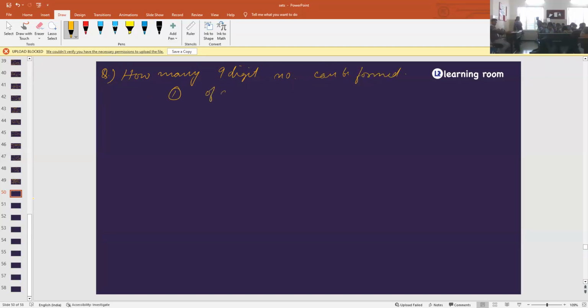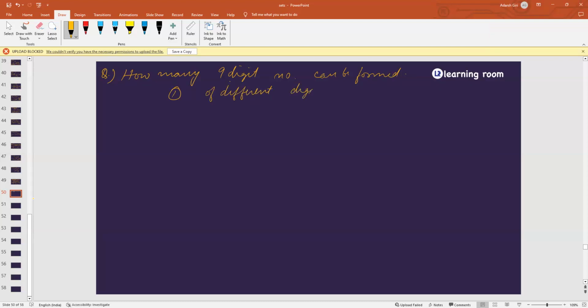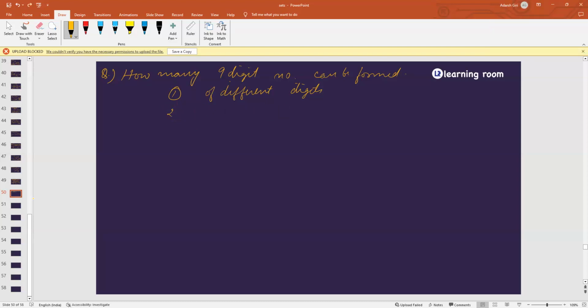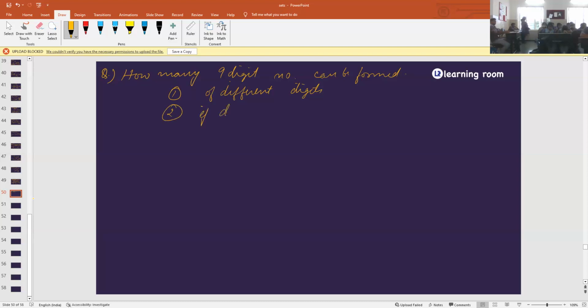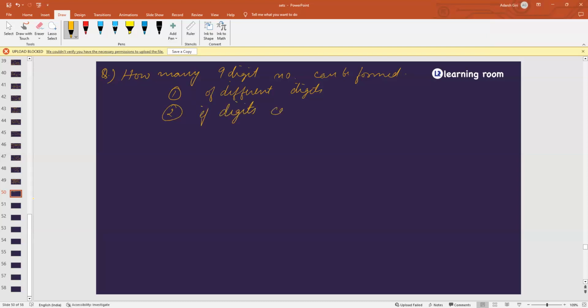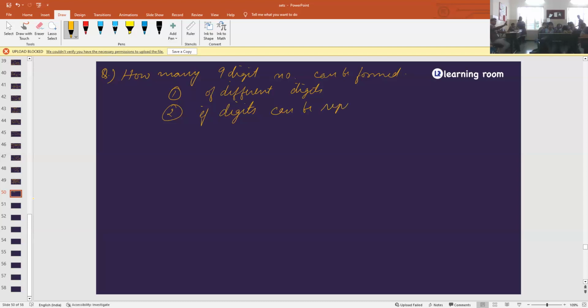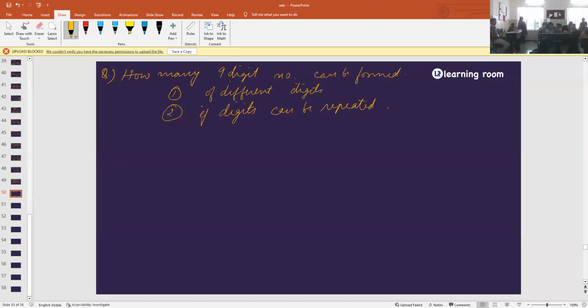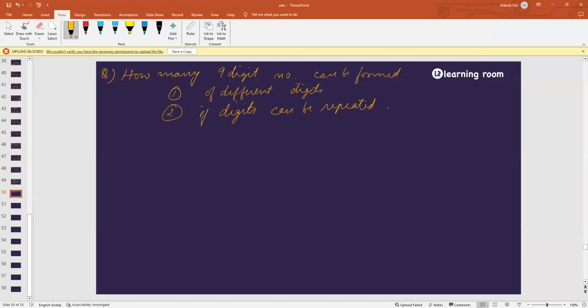Subpart one, of different digits, and second part, of same digits, or digits if digits can be repeated. Can you solve this? Try to solve this question without the knowledge of permutation.